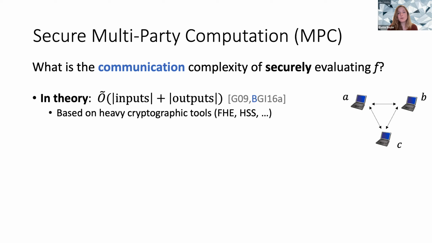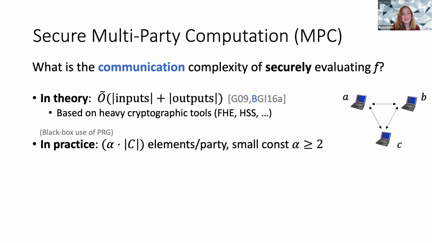For example, even though the complexity asymptotically is very, very small, if you open up what this big O notation is, the actual concrete communication ends up being maybe orders of magnitude larger. For whatever reason, in any case, I'm going to be focusing on the second category.